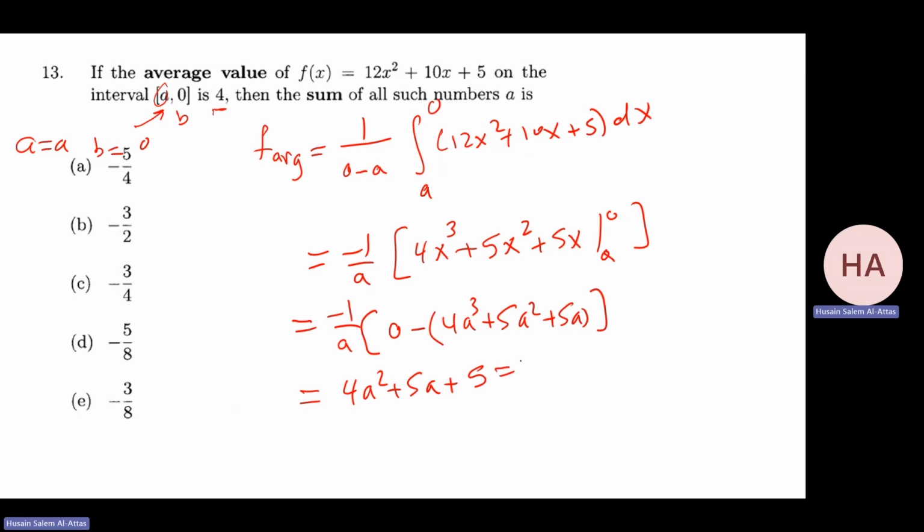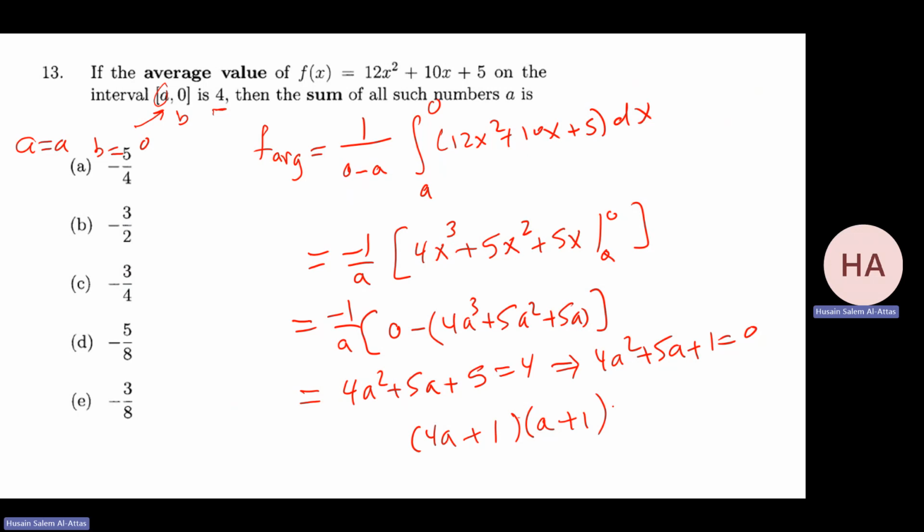That should be equal to 4. So now I need to solve this equation. I have 4a squared plus 5a plus 1 equals 0. Factor it. This is 4a, this is a. You want the sum of all such numbers. This is a plus 1, and this is 4a plus 1.